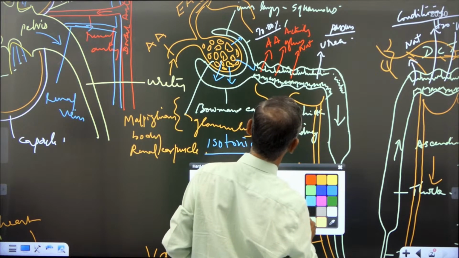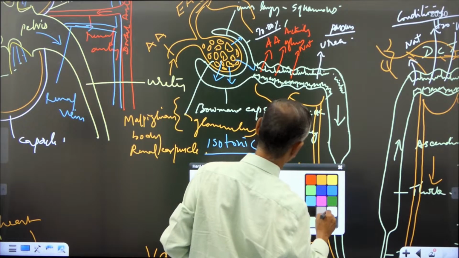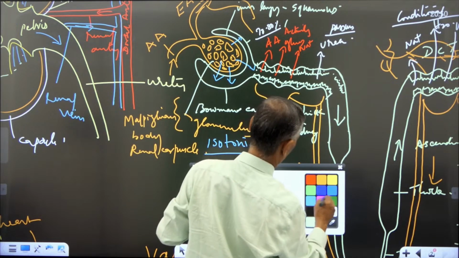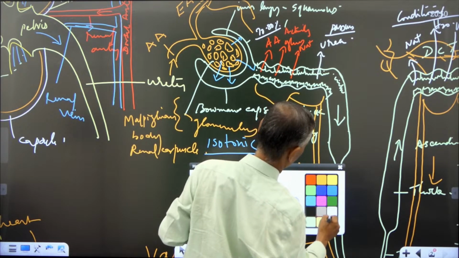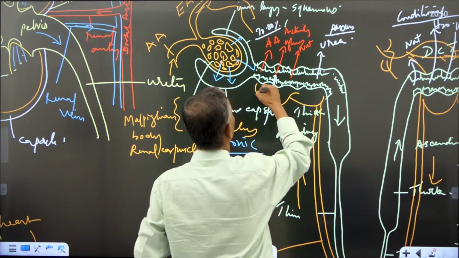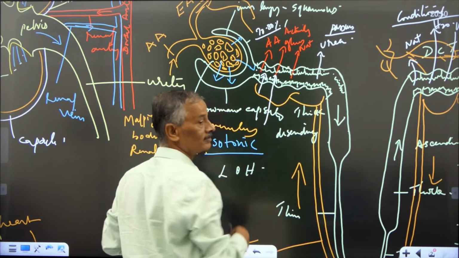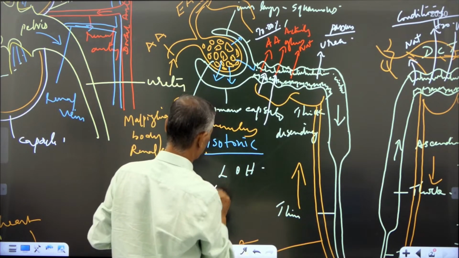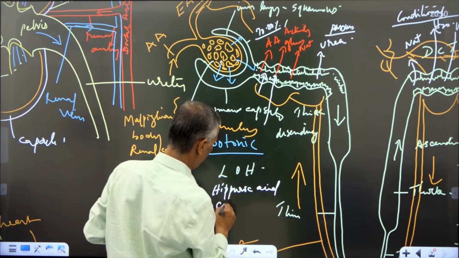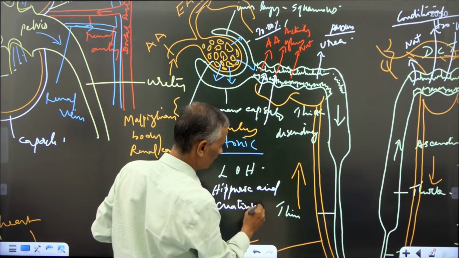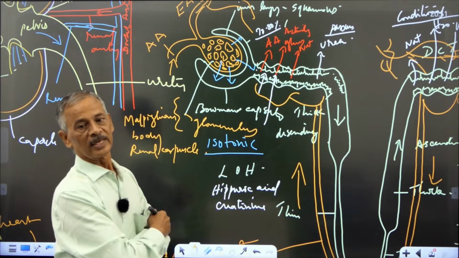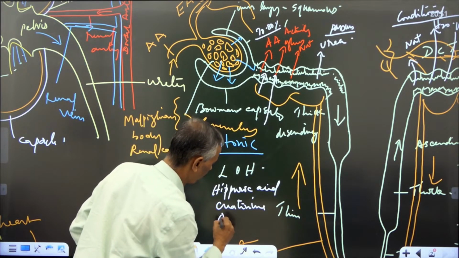So what are such materials? They include, from the surrounding blood vessels, materials like hippuric acid, creatinine, etc. Also antibiotics like penicillin.